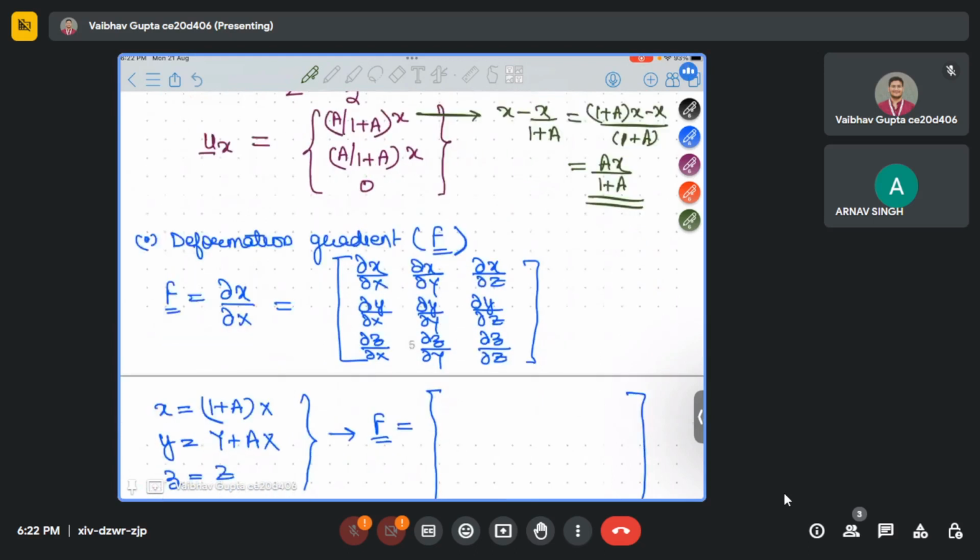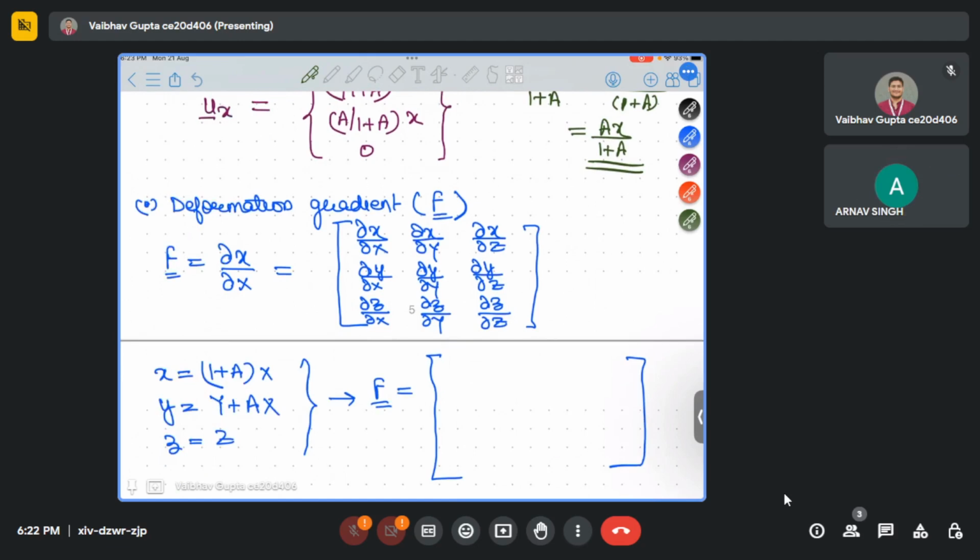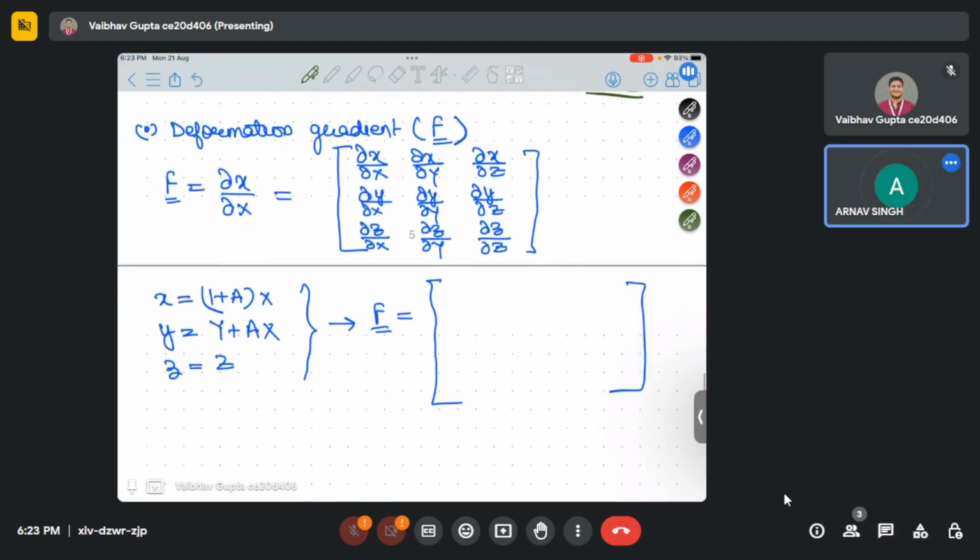Next part, deformation gradient. The deformation gradient is nothing but the partial derivative of current with respect to the reference. If you do the partial derivative of small x with respect to capital X, you will get 1 plus a.